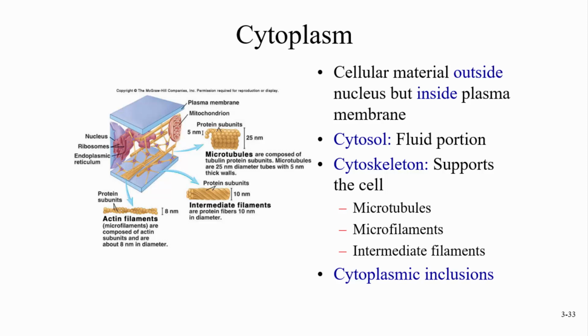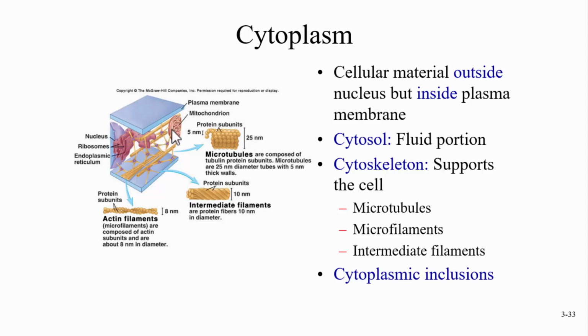And then the cytoskeleton, like I said, it supports the cell. It gives the cell shape because its structure is made up of microtubules, microfilaments, and intermediate filaments. And again, these filaments can do a lot of different things besides giving it structure. As you see here, it provides kind of a support for the different organelles.